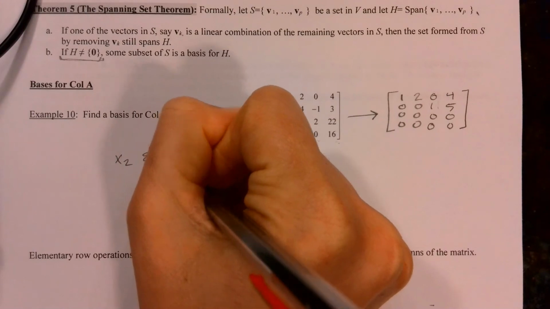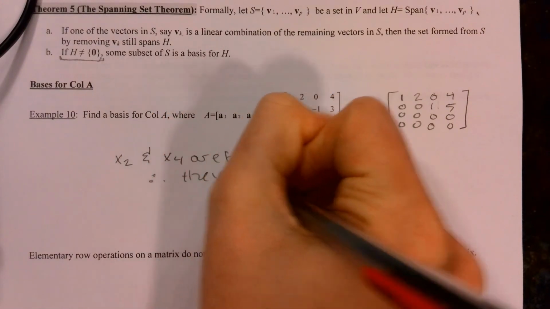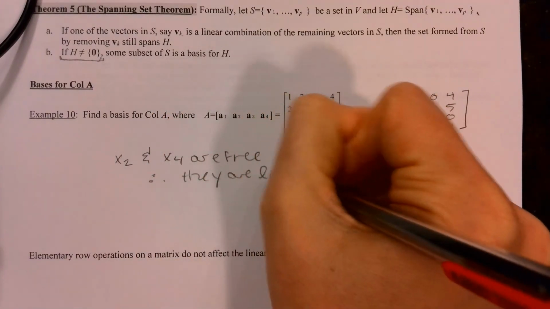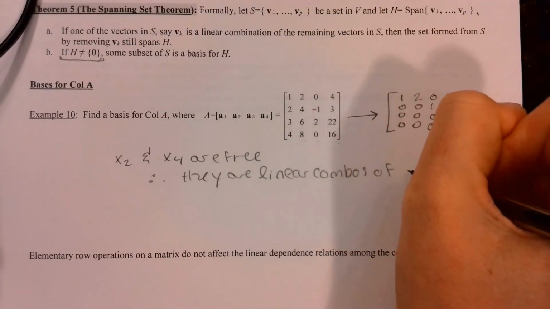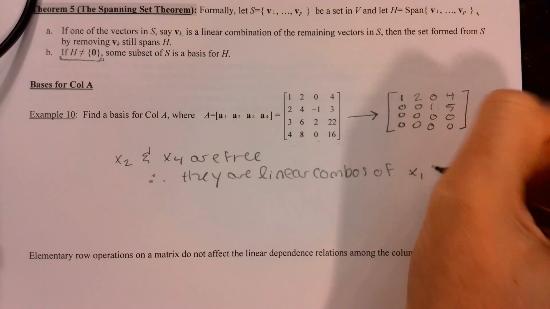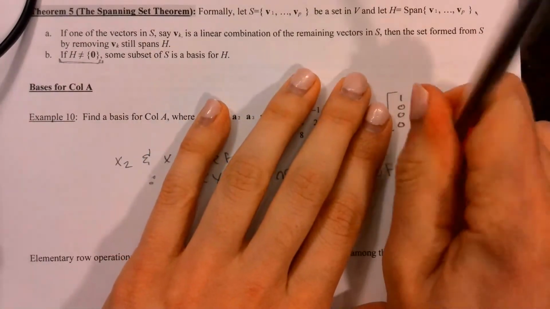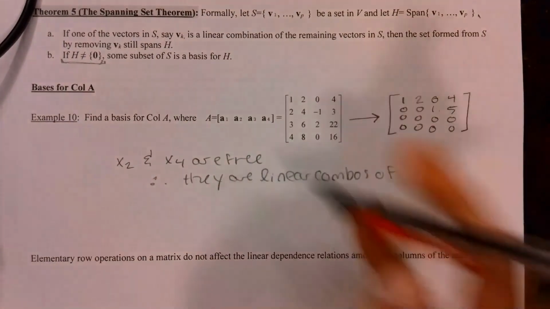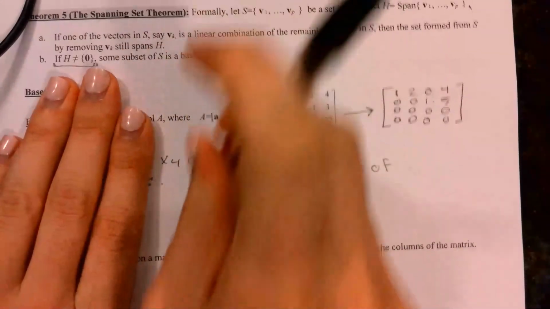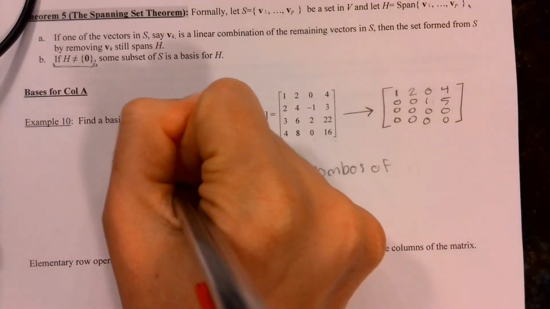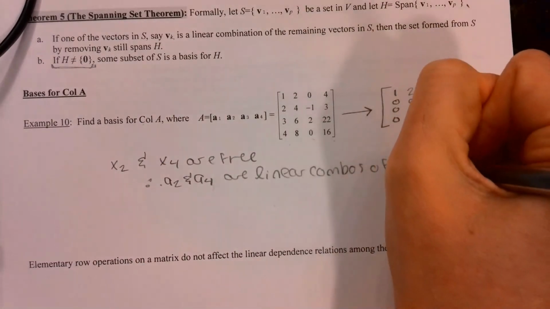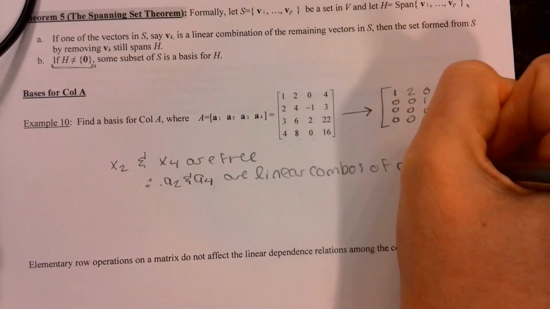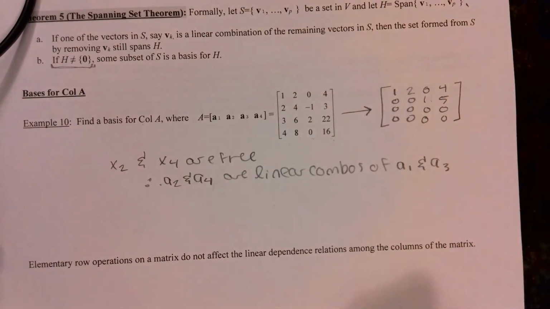Therefore, they are linear combos of... a1, and let's be more specific. I need to be more mathematical. So a2 and a4 are linear combinations of a1 and a3, because those are my column names.